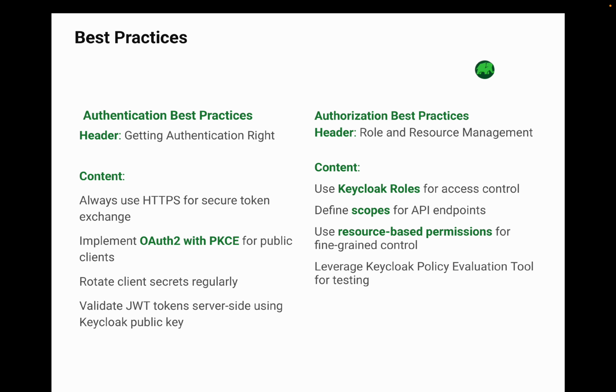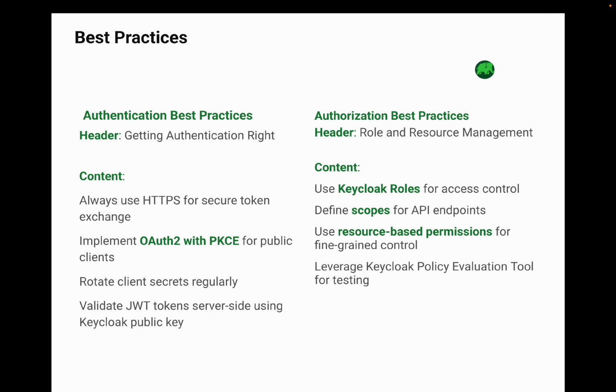Server-side JWT validation. Always validate JWT tokens on your server side using the public key provided by Keycloak to ensure their authenticity. Authorization best practices. Leverage Keycloak roles. Utilize Keycloak's robust role-based access control system to define granular permissions for your users. Scope your API endpoints.